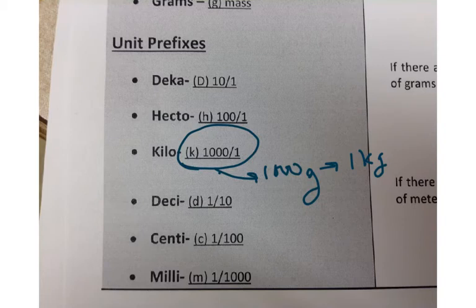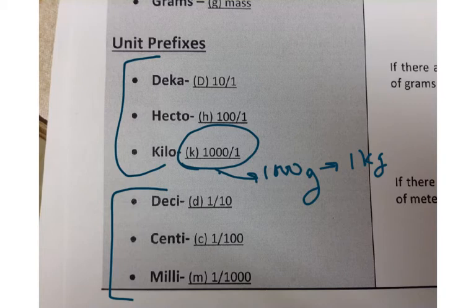It's the exact opposite for the bottom. The ones above are all larger units than your base unit. These are all smaller units than your base unit. So we'll go with centi, since that's a very commonly used one. Your base unit is always the first one on this particular notes sheet. It is saying I need 1 of my base units for every 100 of my prefixed units.